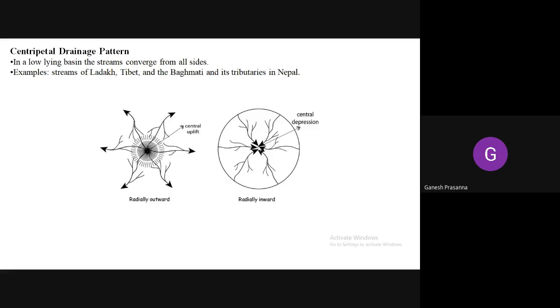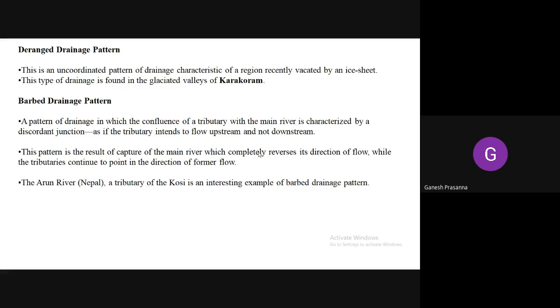In a mountain it may diverge from all sides, or in a central low-lying depression it may converge into a single point from all sides. Examples are the streams of Ladakh, Tibet, and the Bhagmati and its tributaries in Nepal. Bhagmati is a river found in Nepal. All these follow a centripetal drainage pattern.